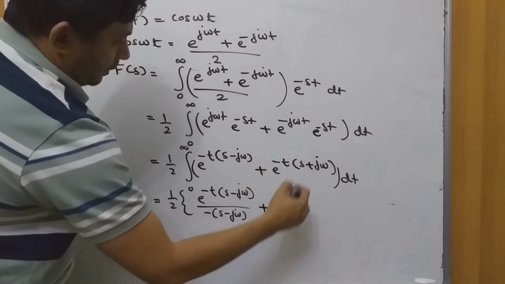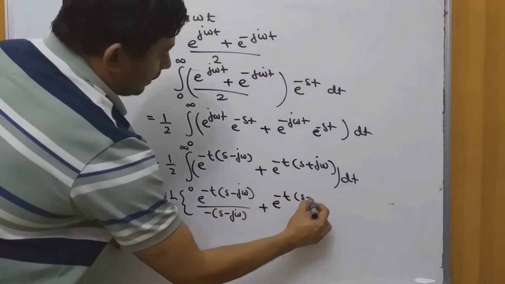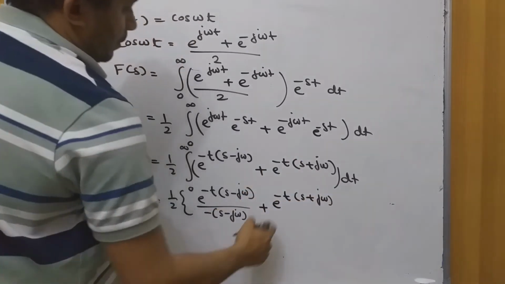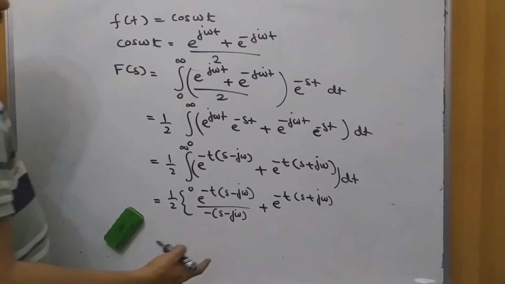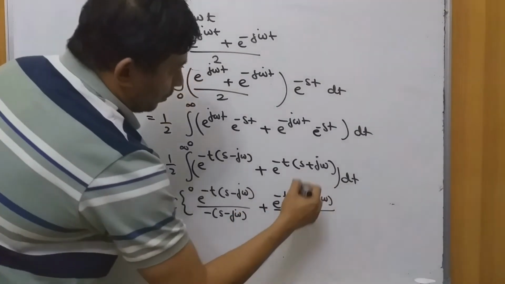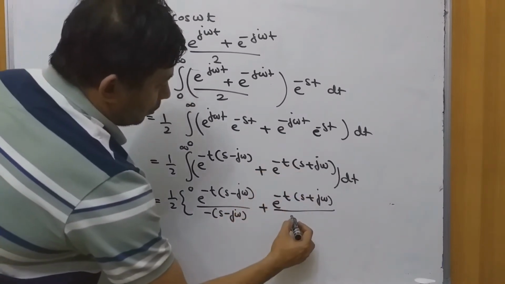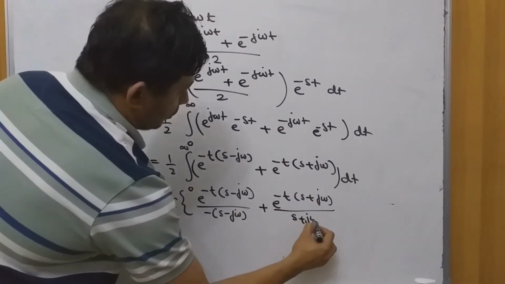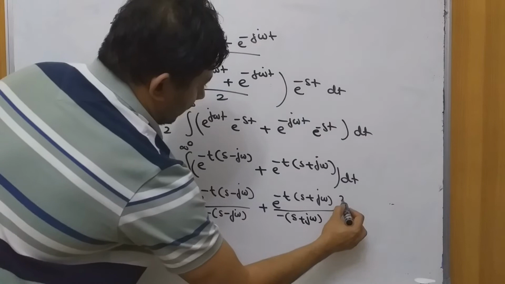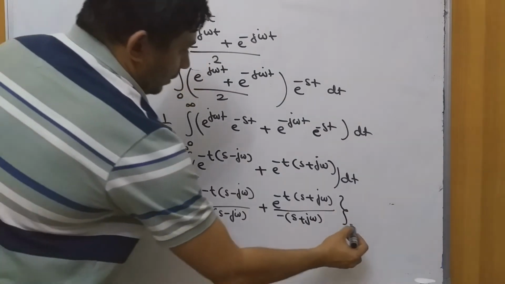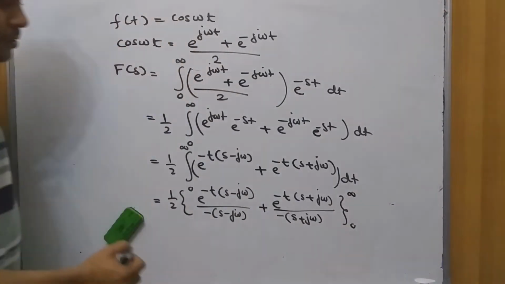Plus, if I integrate the second term, the same form exists, because the integration of e raised to x is e raised to x, divided by the coefficient of t, in this case s plus j omega, with a minus sign. Then the limit is from 0 to infinity.